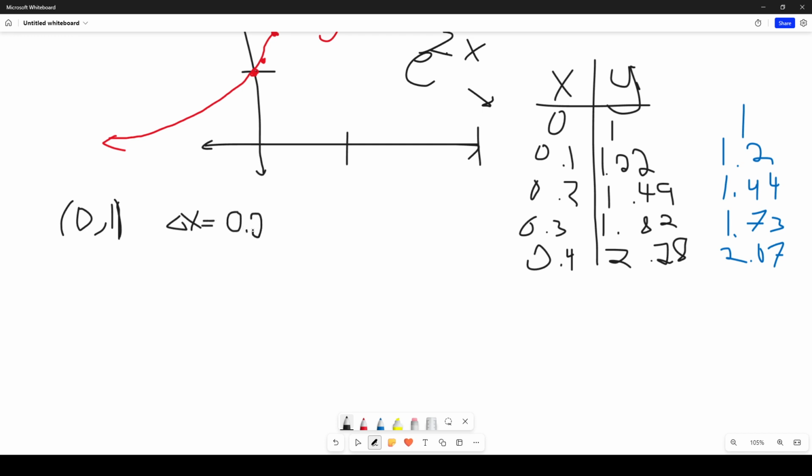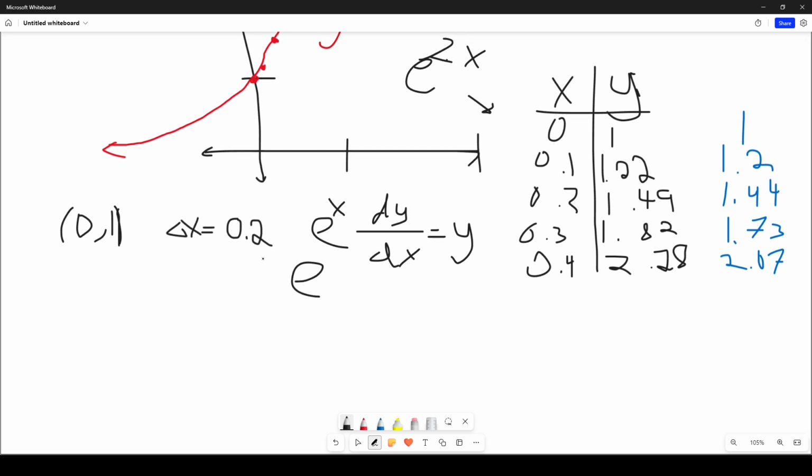And I want you to use the curve e to the x, or in other words, dy/dx equals just y. And I want you to approximate what e is, or Euler's constant, 2.71828.